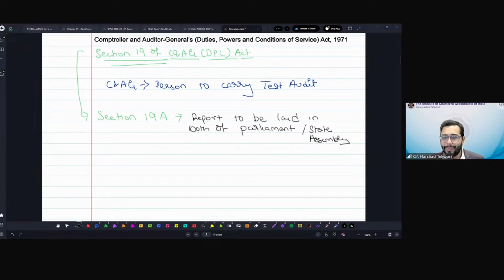So once the audit is done, present the reports to the parliament or state assembly. That is section 19A of the C&AG DPC Act. So the report of the test audit is also required to be submitted before each house of the parliament.